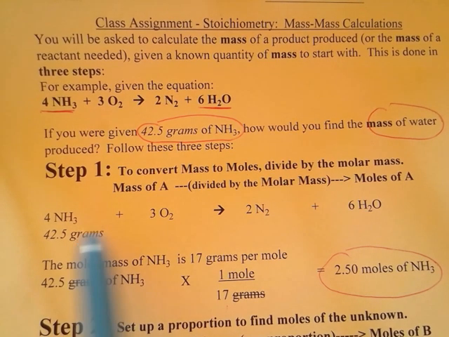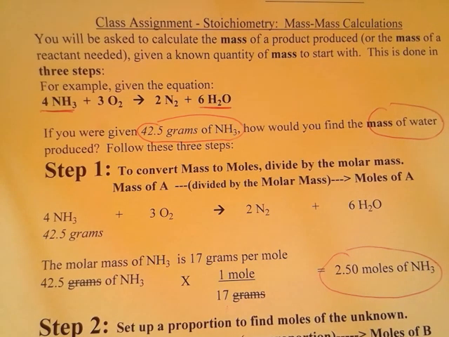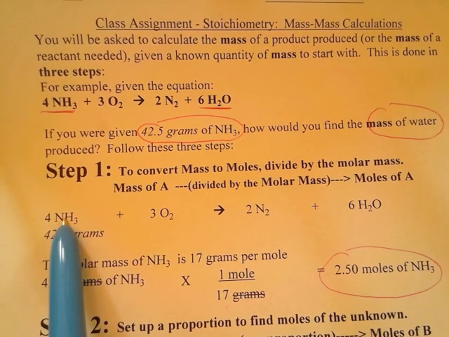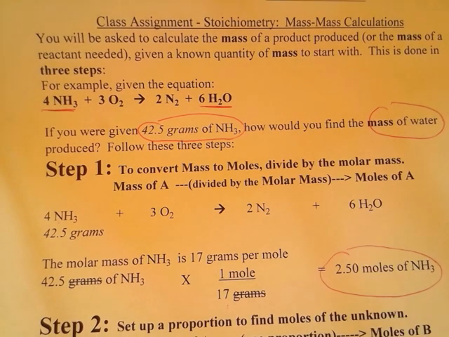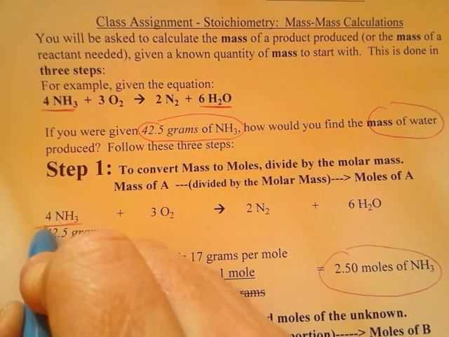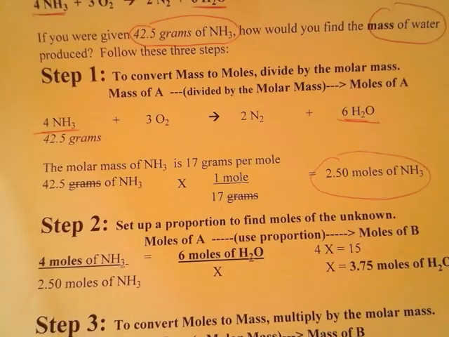Now what I'm going to do is a proportion step, a ratio. Now that I have the moles of ammonia, I can then convert it into moles of water. So I'm going to set my ratio of 4 to 6. And that's what I did down here. 4 moles of ammonia is equivalent to 6 moles of water.